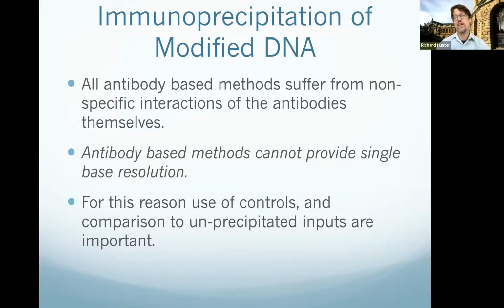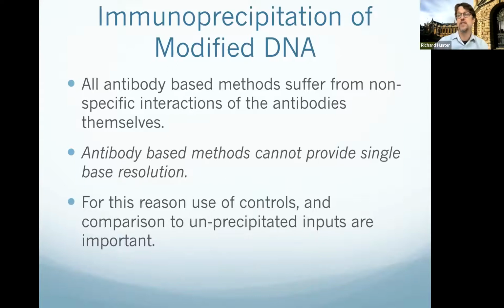One of the issues with all the antibody-based approaches is that antibodies are sticky. They have non-specific interactions. You get higher background with these approaches for that reason. Proteins like to stick to proteins. The other issue is that antibodies, because they're so much larger than DNA bases, can't provide you with single base resolution.